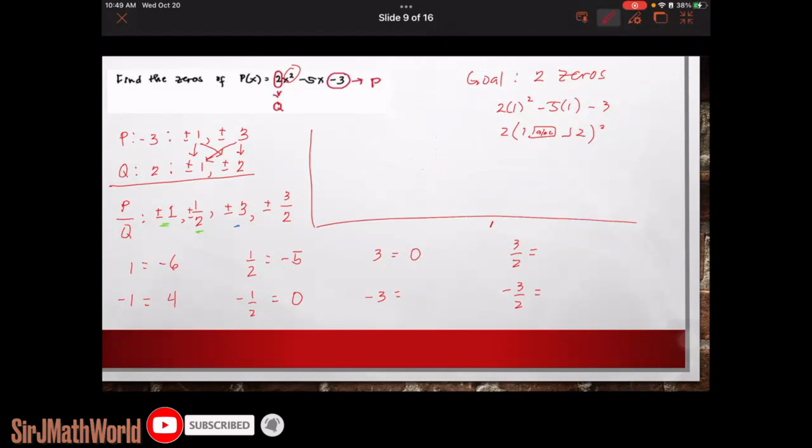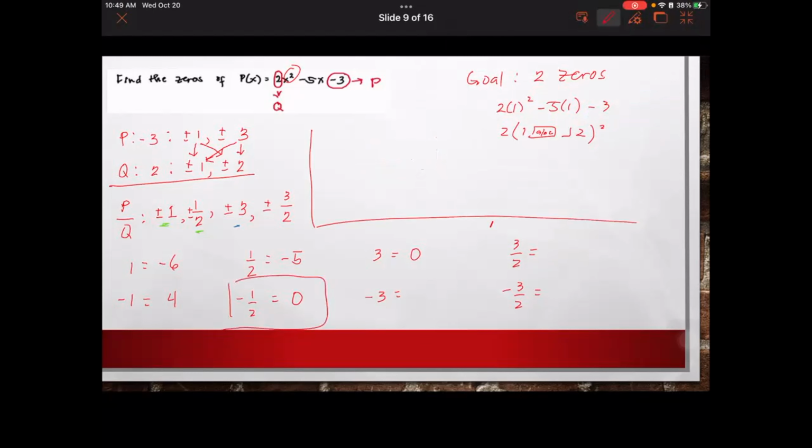Yan. So, meron tayo negative 1/2, 0, and 3 ang zeros natin. So, magkakaroon tayo dito ng factors. Yung factors natin is negative 1/2. So, magkakaroon tayo dito ng x plus 1/2 and yung isa ay x minus 3.